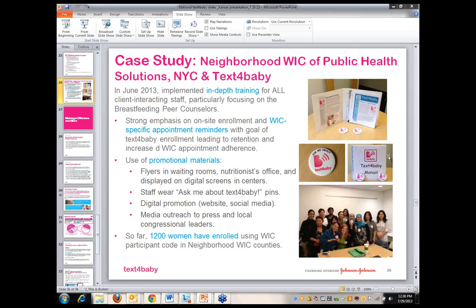A number of our users have said they felt empowered to talk to their providers about different topics they learned through Text4baby. So it's keeping that conversation going, and providers are very involved in Text4baby, asking about it when their clients come back. They've had a very high success rate in enrolling women through the WIC clinic.